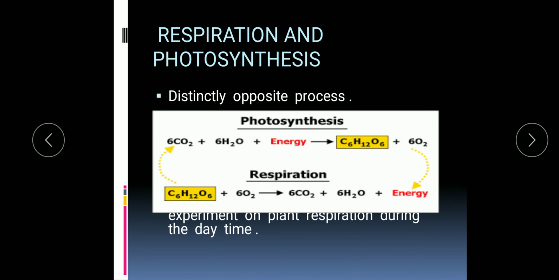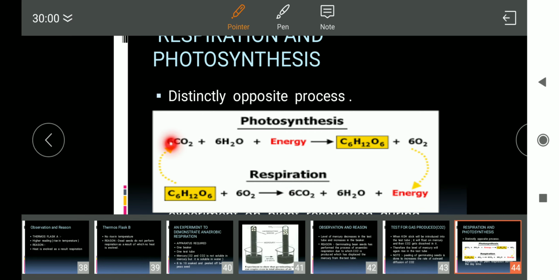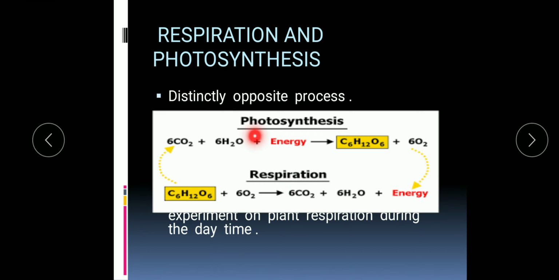And again here one reasoning based question arises: why can we not perform experiments based on respiration in plants during the daytime? The reason is that during the daytime, the product of respiration will be utilized in the process of photosynthesis. So we will not be able to prove any experiment related to respiration in plants.